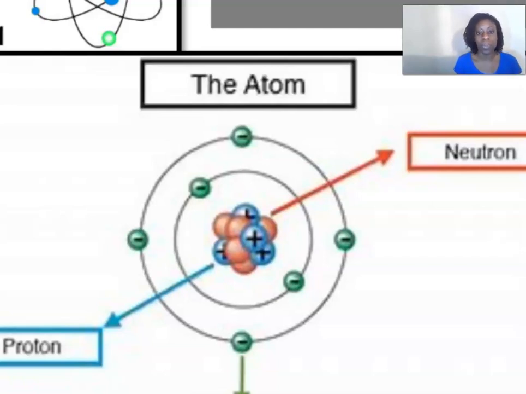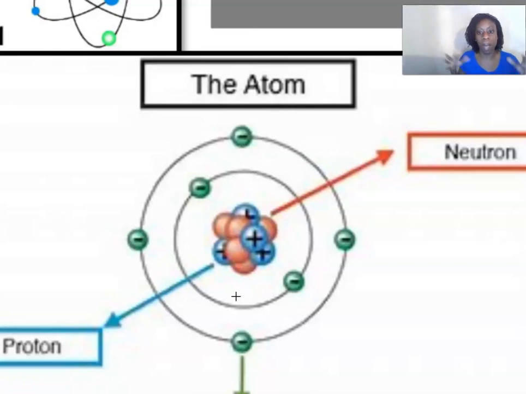So the protons in the nucleus give the whole nucleus a positive charge overall, because remember, the neutrons don't have a charge. Electrically, they're not contributing to the charge of the nucleus. But the protons, since they're positive, make the whole nucleus positive, and the electrons, which are negative, make that whole cloud area negative.